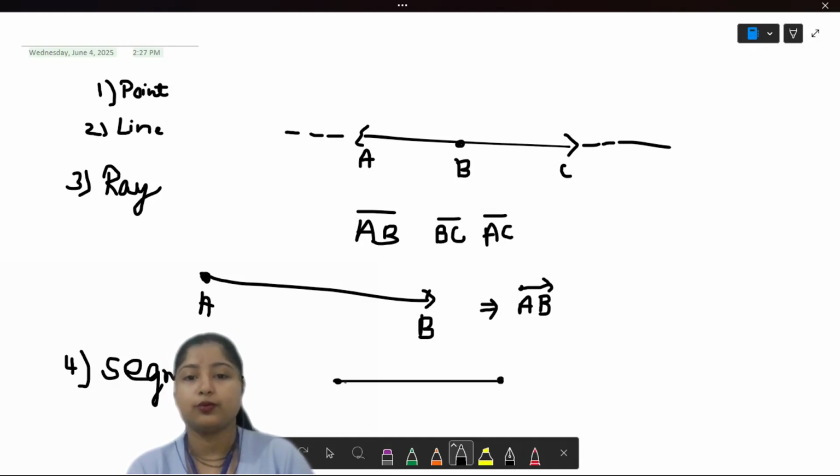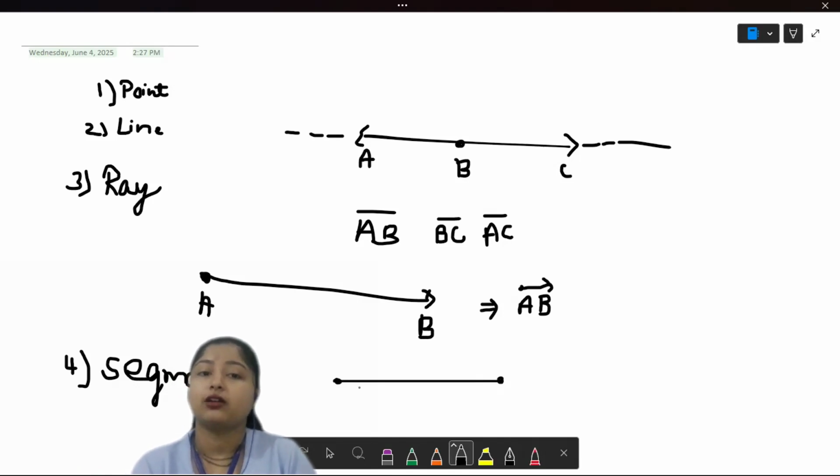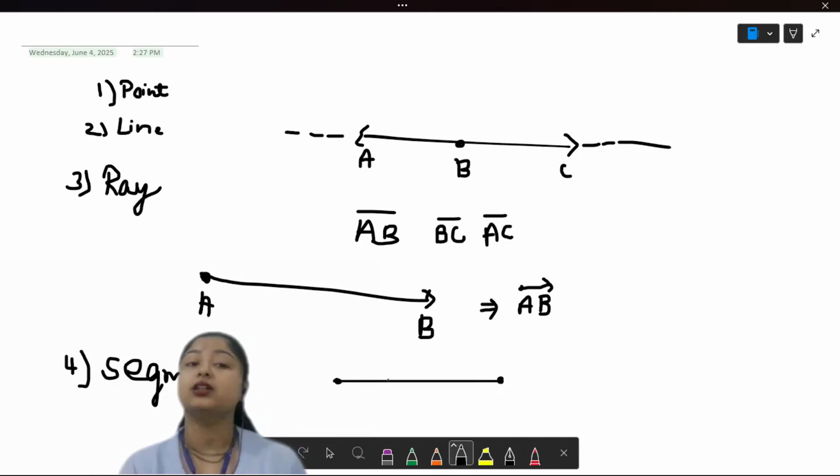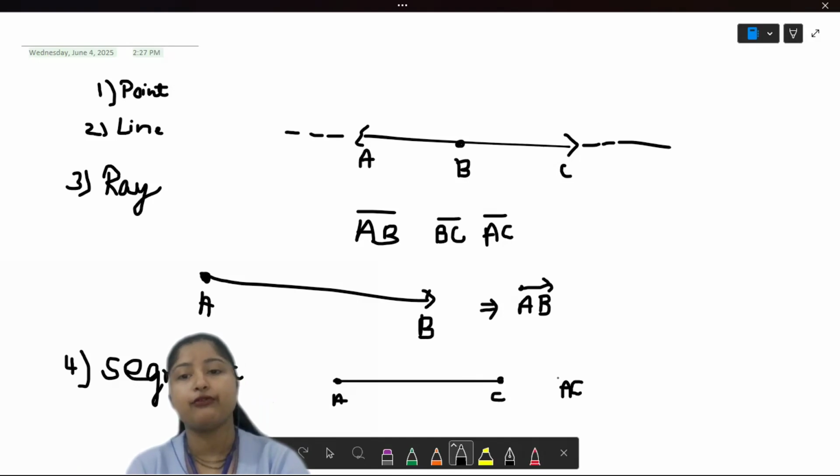You can consider it as a starting point or an ending point, whatever you like, but you cannot extend a line segment. Let's name this AC. To show a line segment, you write A and C, and on top of it draw a segment. That's how you show a line segment.